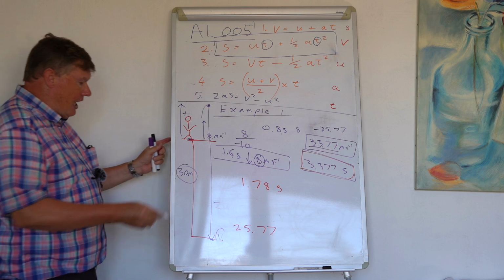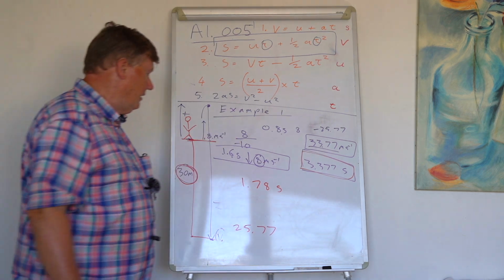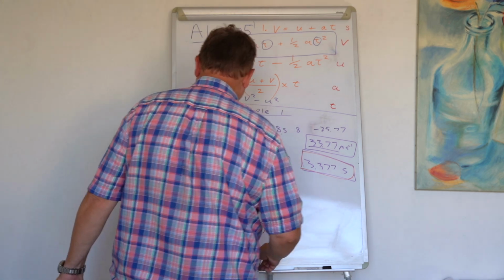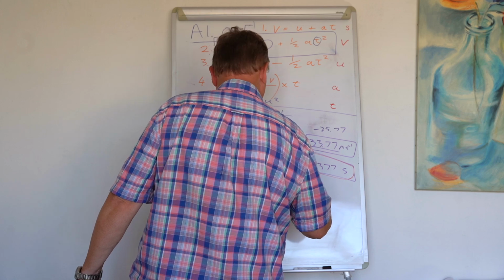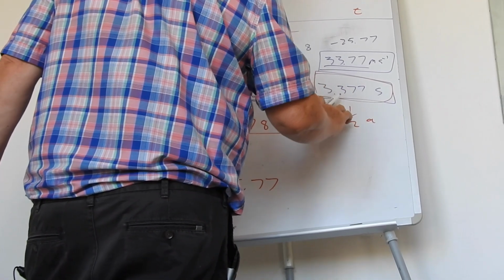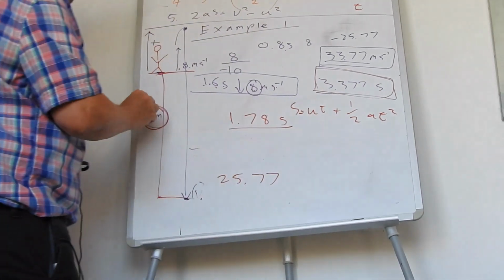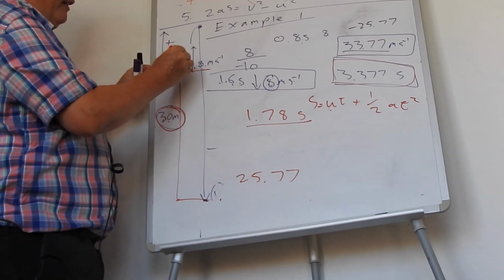Can we double check this number from these numbers? Yes, we can. If we use this time, we know that S equals UT plus half AT squared. Let's double check this figure. I know what U is. In fact, we don't even need to start here.